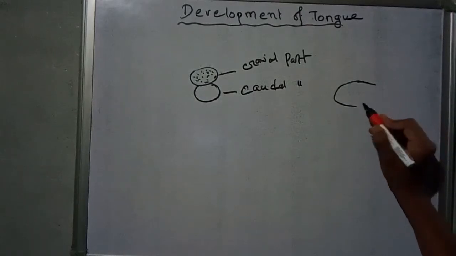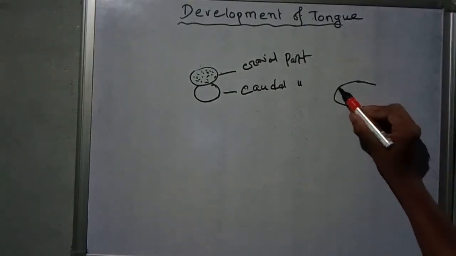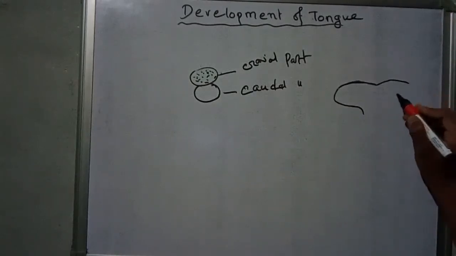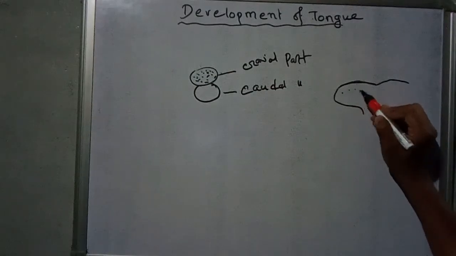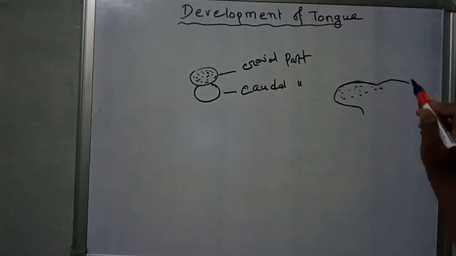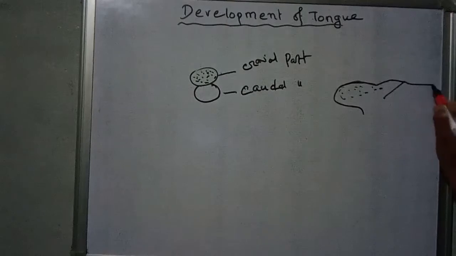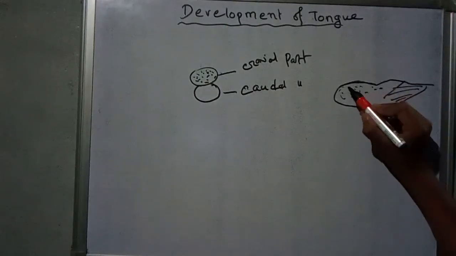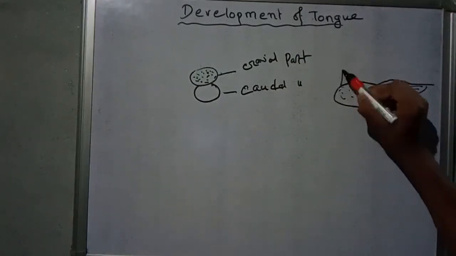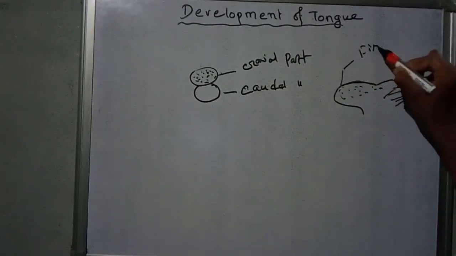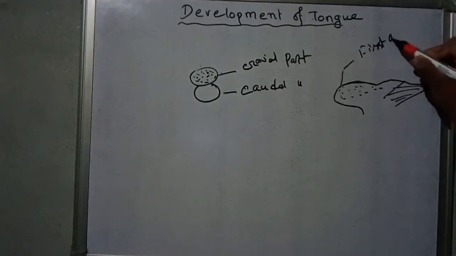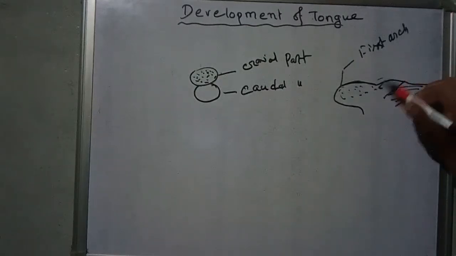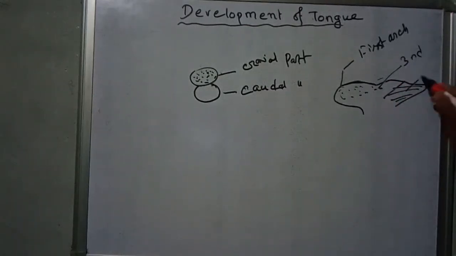This is the tongue. This is the first arch. This is the third arch and the fourth arch.